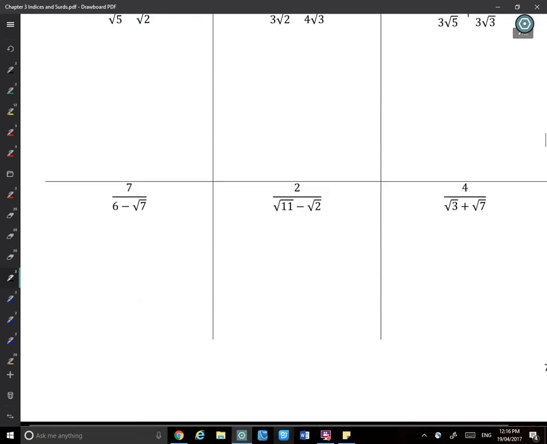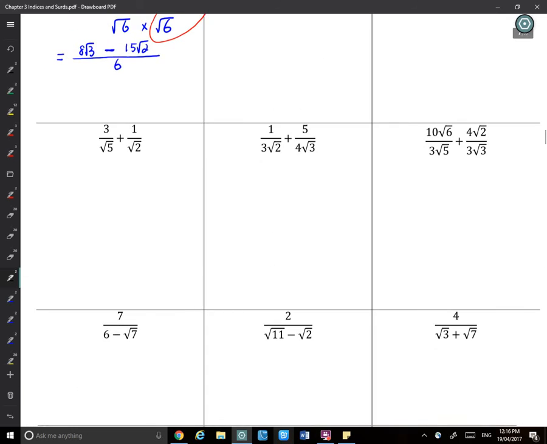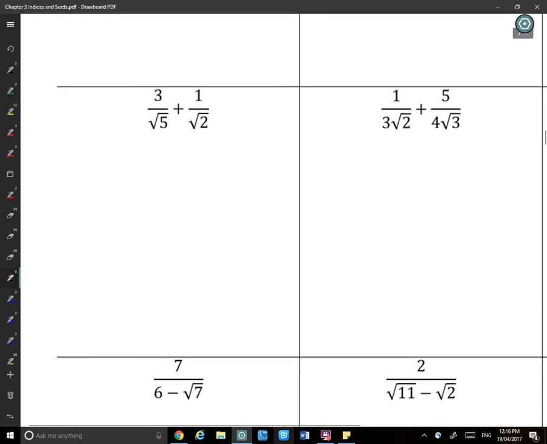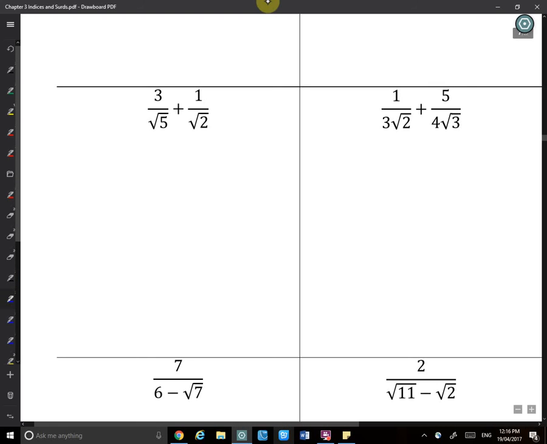Okay, let's have a look at the next line. Here I want to add two things together, but the denominators are different. I need to make a common denominator first. So I will rationalize the denominator. That is 3 root 5 over root 5 times root 5, which is 5, plus root 2 over 2.